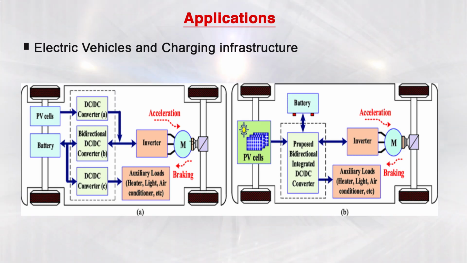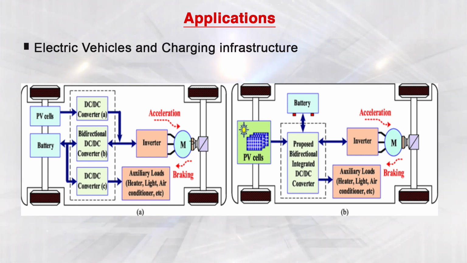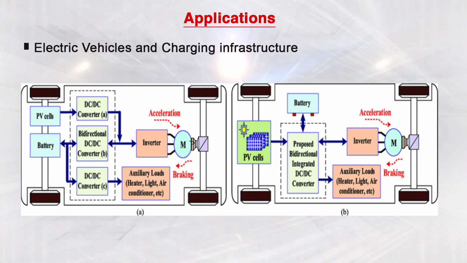For extracting the maximum power from this renewable, we need a DC converter, and as this PV module is acting as a source, only a unidirectional DC-DC converter is required for extracting the maximum power.